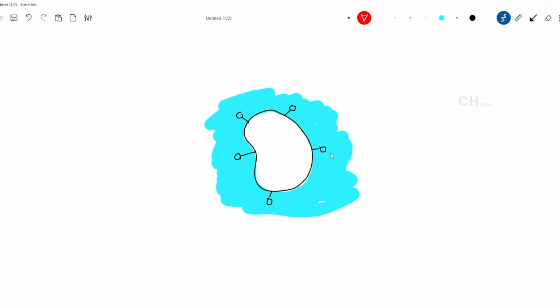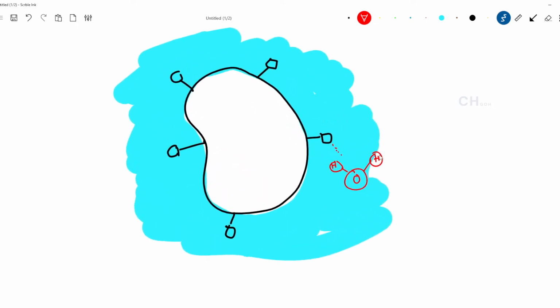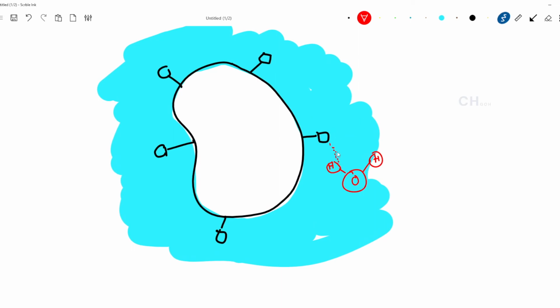So this glycoprotein or the glycolipid can form hydrogen bonds with the water molecule. Let's say this is the H2O. They can form hydrogen bonds with the water molecule. So this glycoprotein or the glycolipids help the cell to stabilize the plasma membranes.